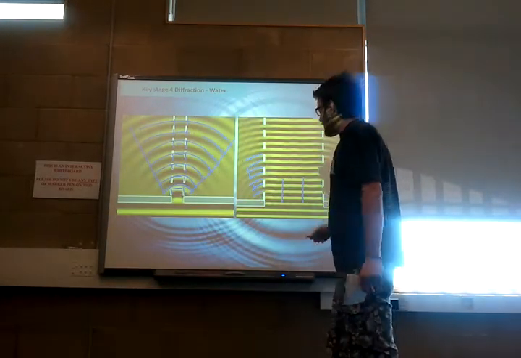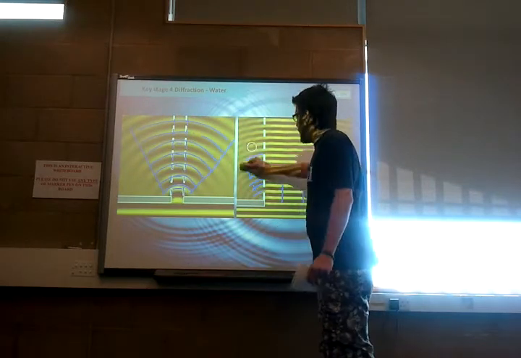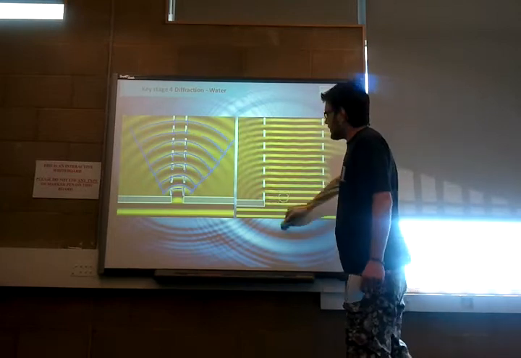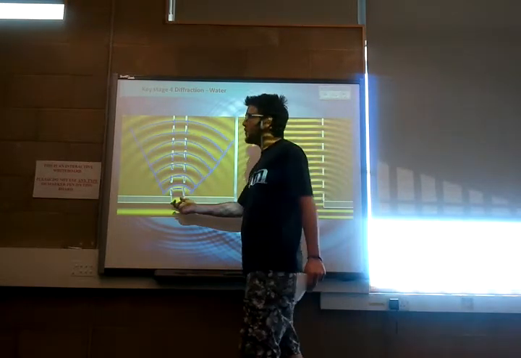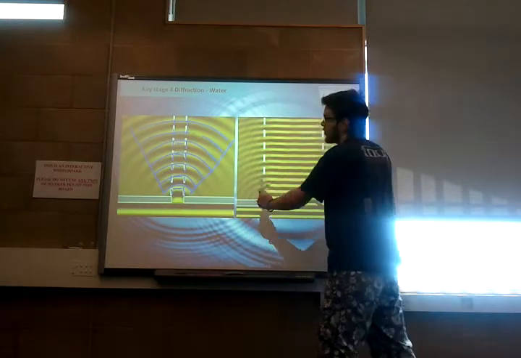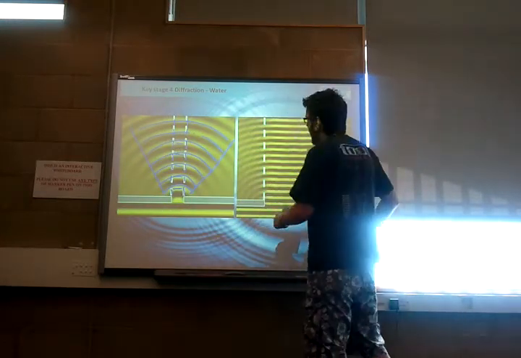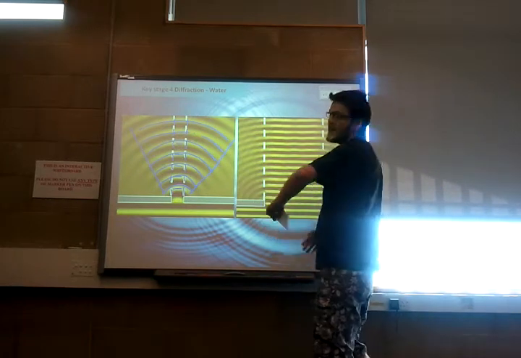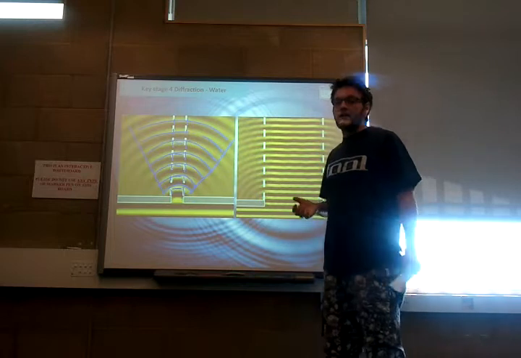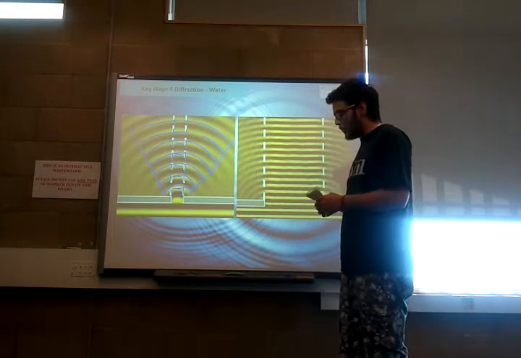So it is all dependent on the actual size of the gap that the water wave is trying to work its way through. As I said, the closer the gap is to the wavelength, the more it will diffract. If the gap is much larger than the wavelength, then it really won't diffract that much at all.